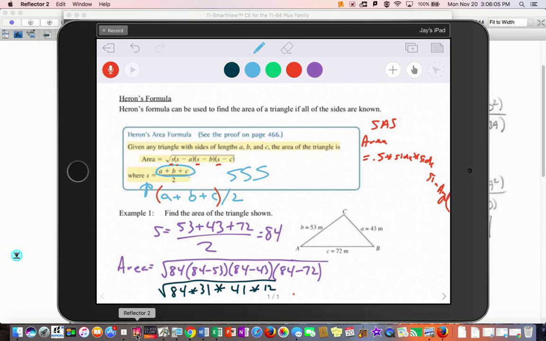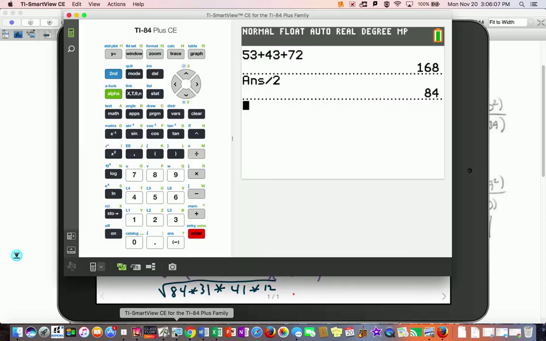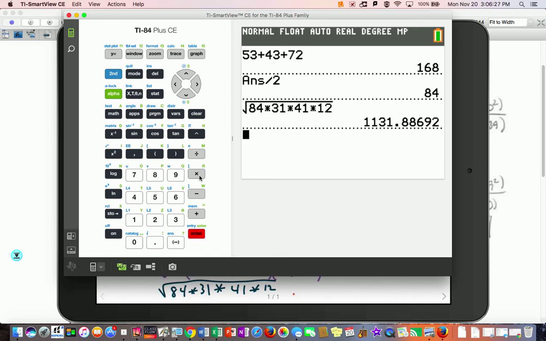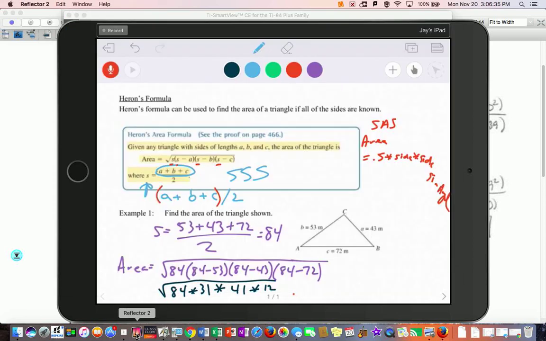It's a little easier than typing in all of those parentheses, but we do the square root of 84 times 31 times 41 times 12. And I'm getting 1131.89 meters squared.